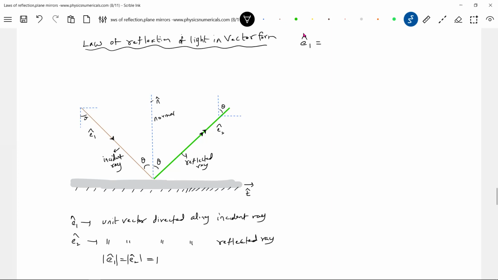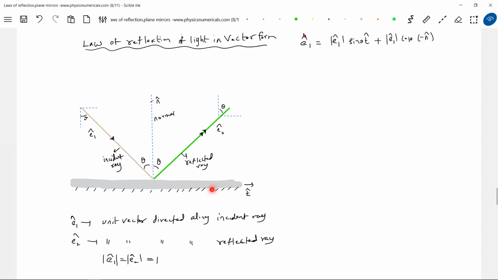We can represent it as mod of E1 cap sine theta t cap minus mod of E1 cap cos theta n cap. Now, what are t cap and n cap? N cap is a unit vector along the normal. T cap is a unit vector directed tangential to the plane of mirror.